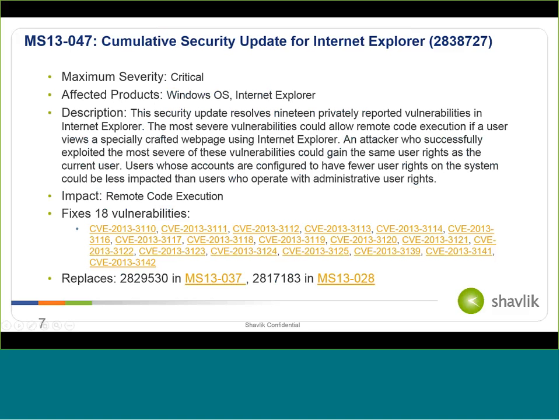Actually, my number is 1 off there, but I think on their list they only showed 18 of them, so they might have 1 of them unlisted, and that's why I didn't see it in there. An attacker who successfully exploits the most severe of these vulnerabilities could gain the same user rights as the current user. Users whose accounts are configured to have fewer rights on the system could be less impacted than other users who operate with administrative privileges.